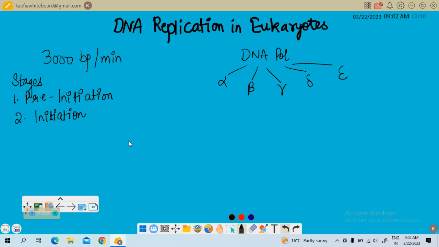So what happens if CDK concentration is low? It favors formation of the pre-initiation complex.